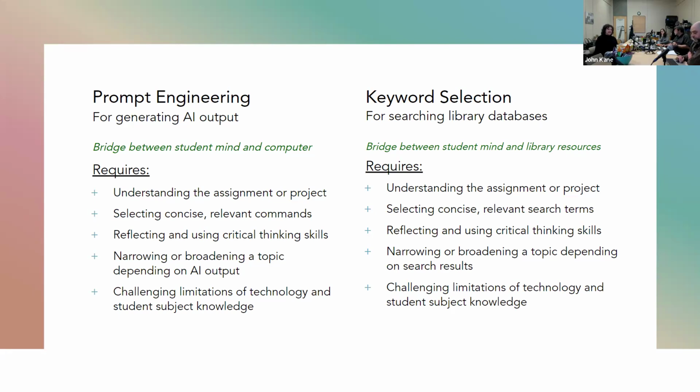They require selecting very relevant commands and reflecting and using those critical thinking skills to narrow or broaden their topic, or narrow or broaden their approach to the databases to get better search results. And there are always challenging limitations that the technology presents, and also the limits of their subject knowledge. So the more knowledge you have, the easier it is to do good prompt engineering to generate good AI output, and also to do good library searching to get good results.